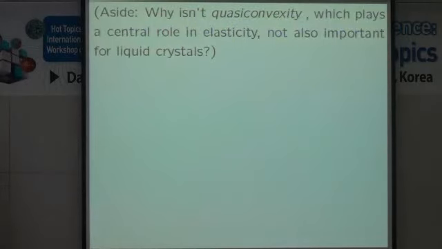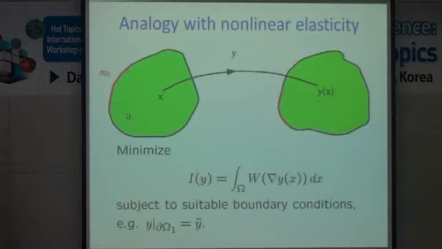Now this is a parenthesis: in elasticity theory, this function W is never a convex function of the gradient. That's a contrast with liquid crystals, where we saw that the elastic part of the energy was, at least under the normal hypotheses, and whether you express it in terms of the gradient of n or the gradient of Q, a convex function of the gradient.